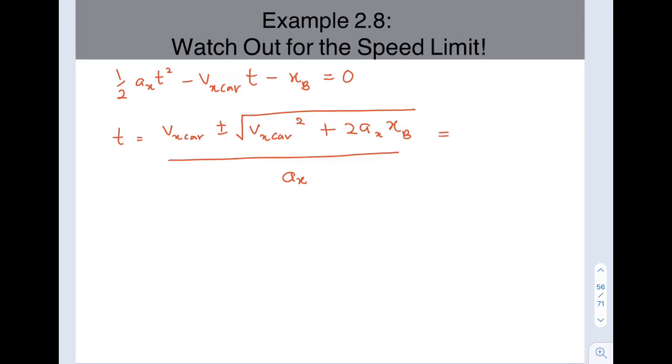So from here, Vx of the car over ax equals plus or minus the square root of Vx of the car squared over ax squared plus 2xB over ax.